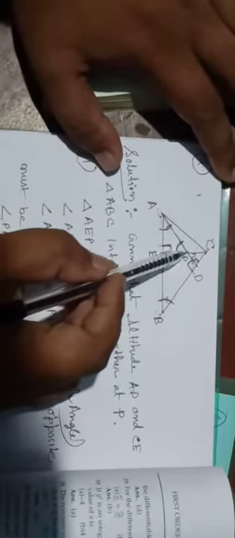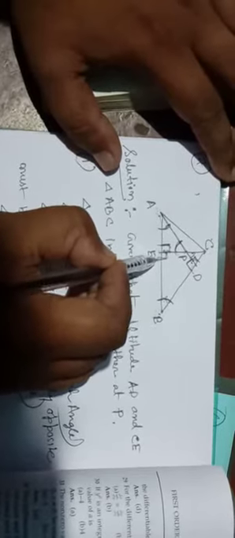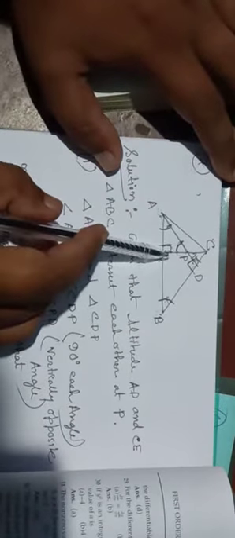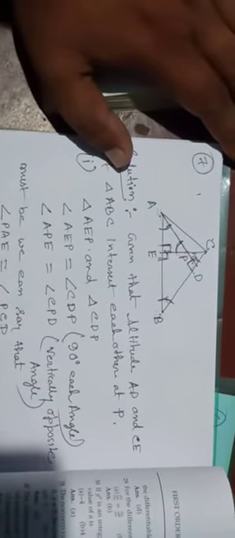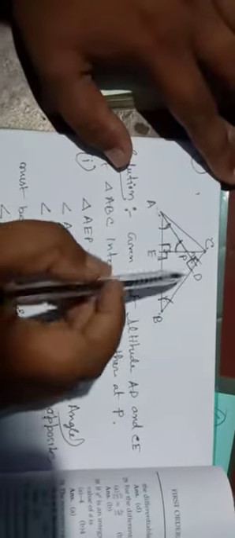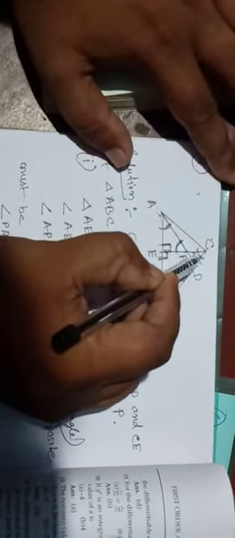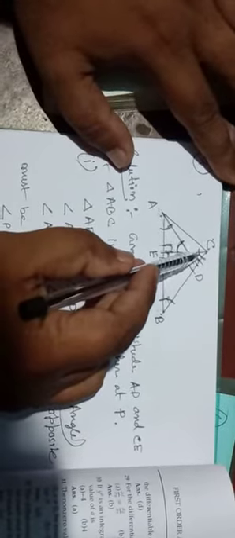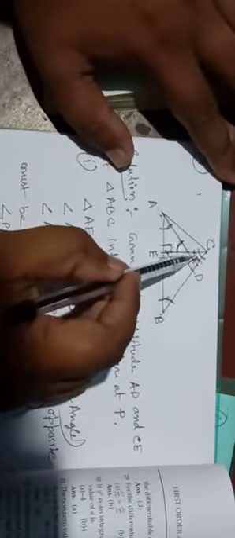Now in PDC and BEC, this will be 90 degrees and this angle will be equal to this angle, and this angle is common to both of the triangles. So the rest of the angle will be equal.